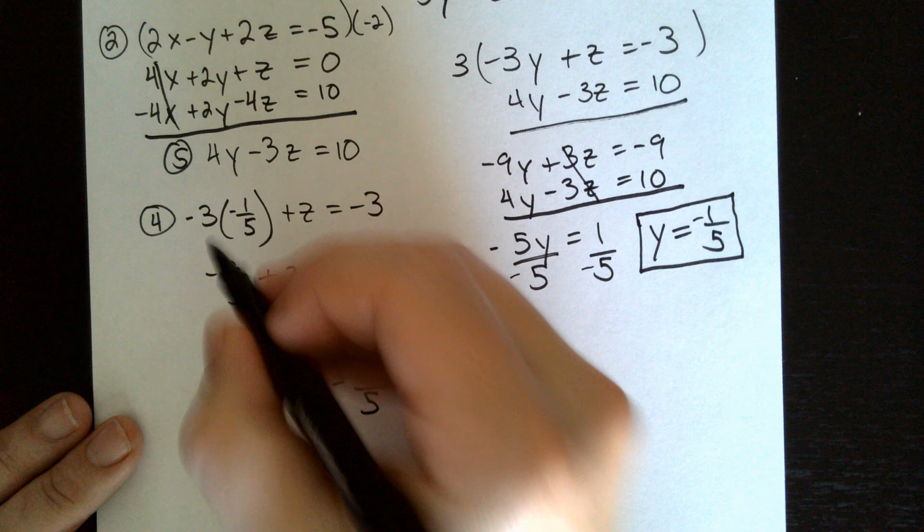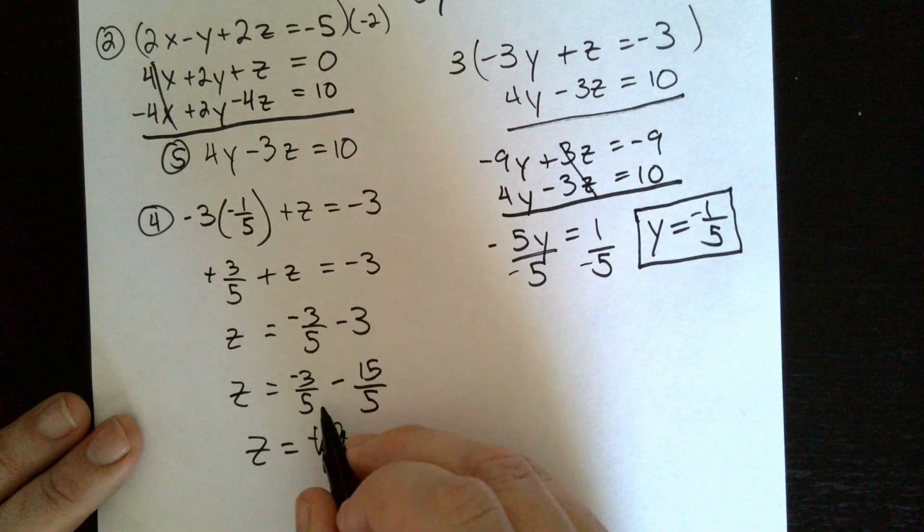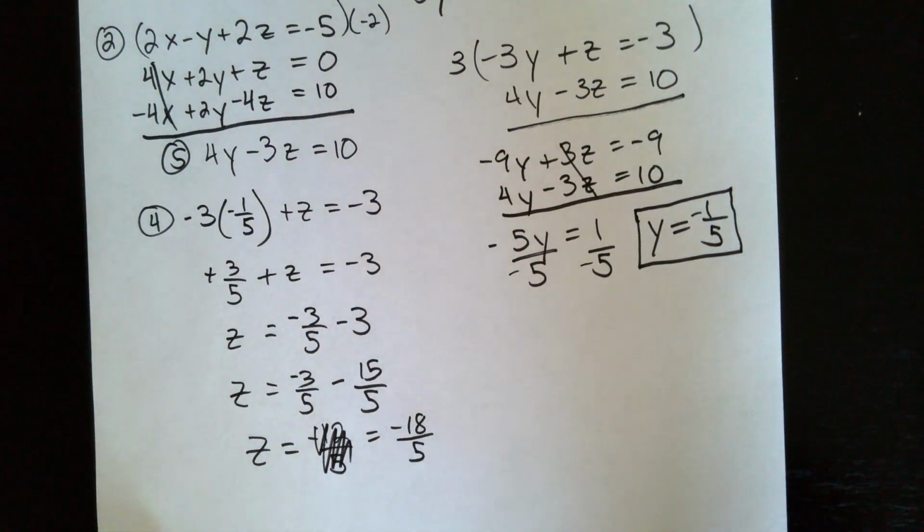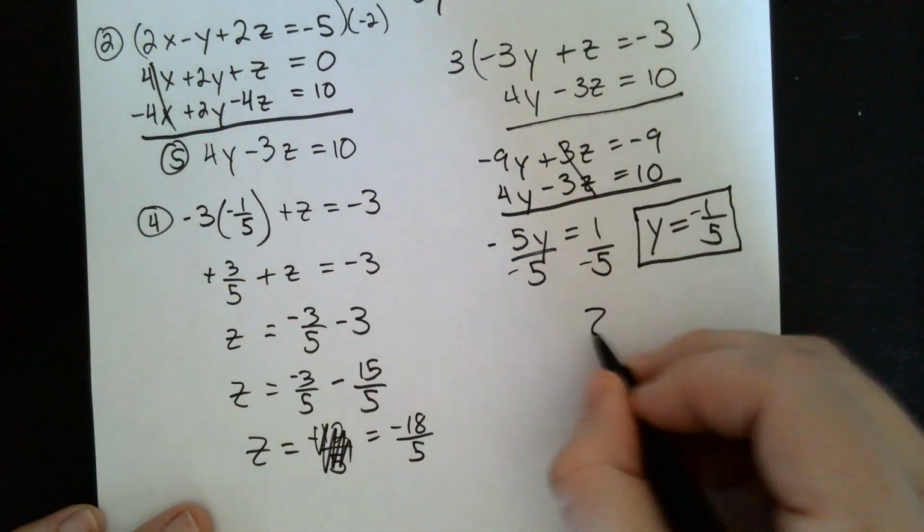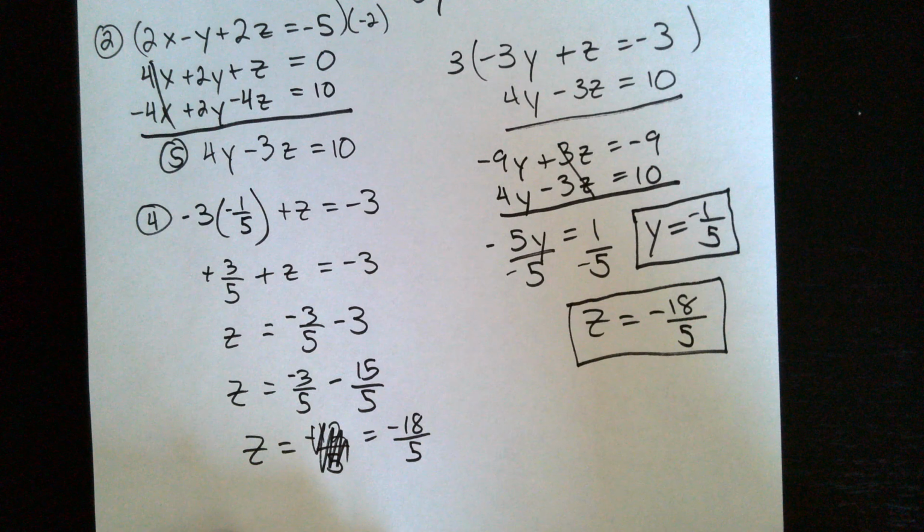Okay, so which would in turn make this a negative times a negative, which is a positive. Okay, and when I move it over, it will be a negative. Okay, so that's not negative 12 over 5. The negative 3 minus 15 is negative 18 over 5. Okay, so now we've got z is equal to negative 18 over 5.